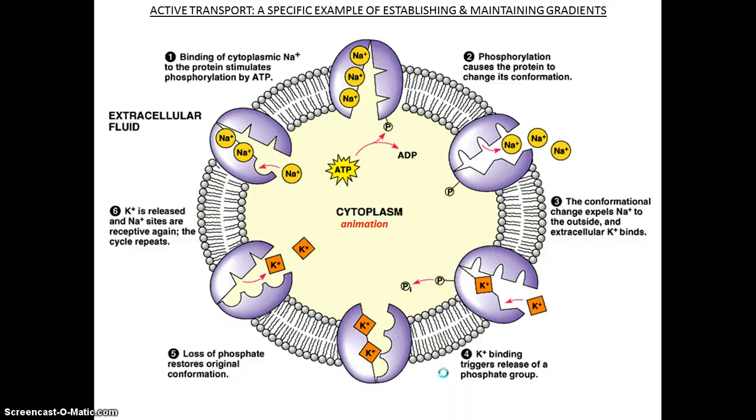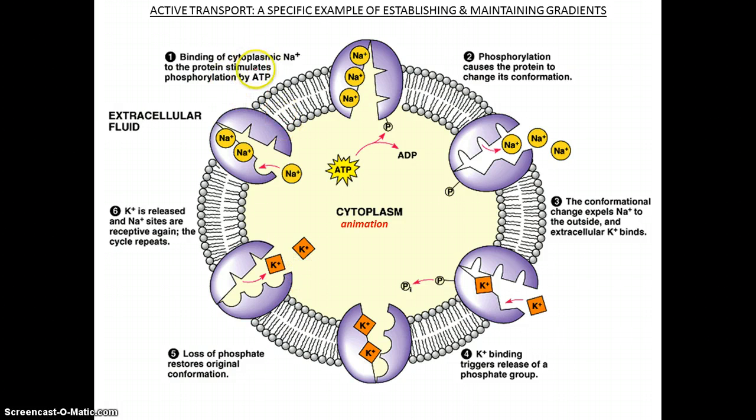Now, a good example of active transport is the sodium potassium pump, and basically you have 3 sodium ions going out, and you have 2 potassium ions going in.